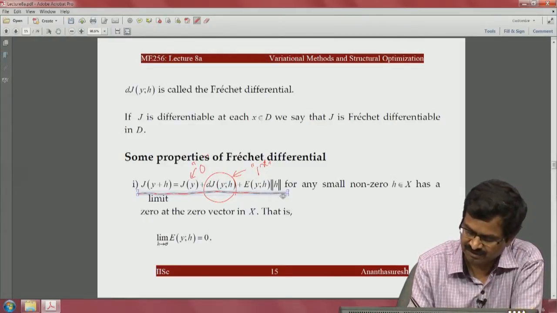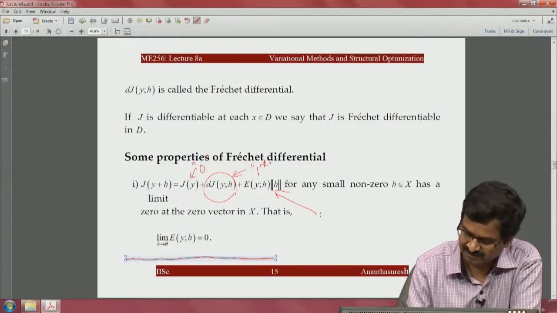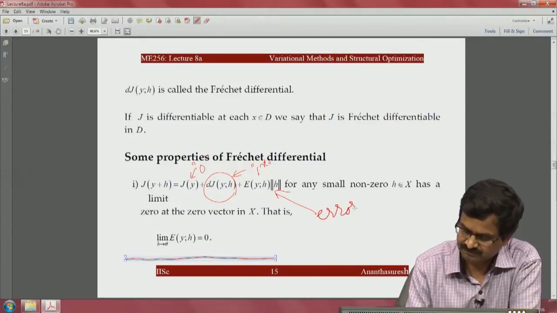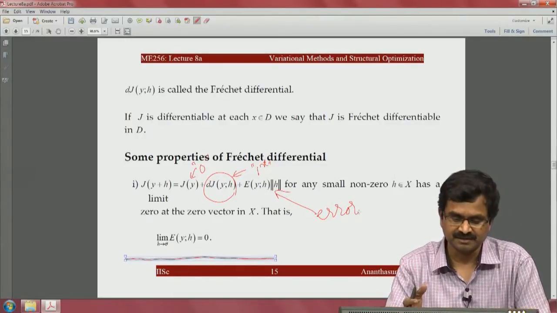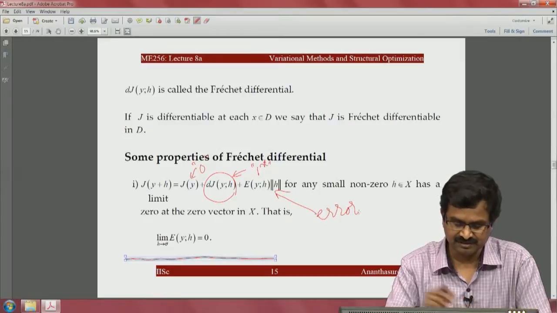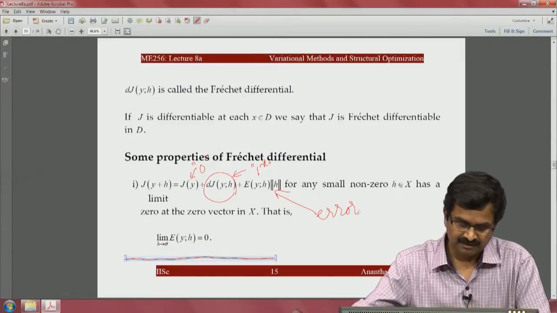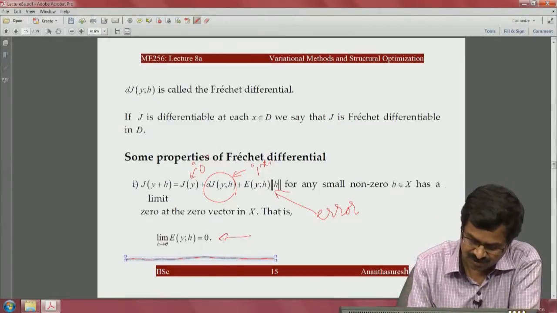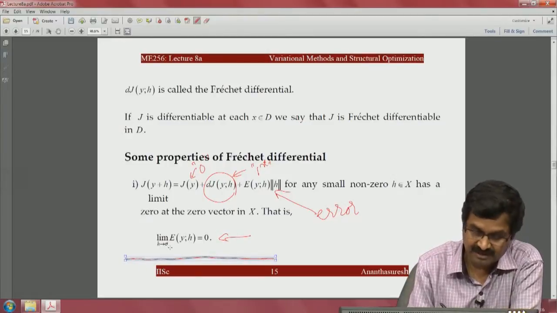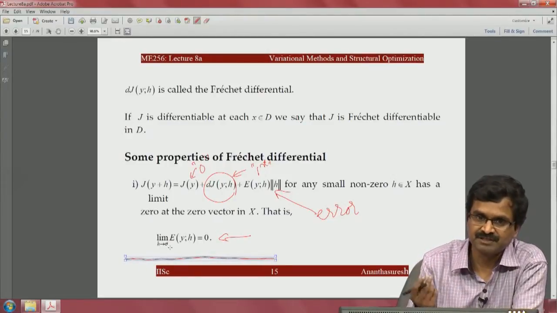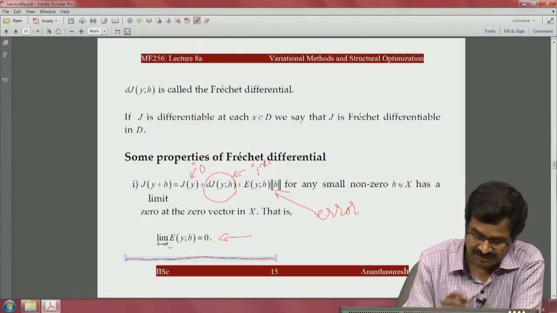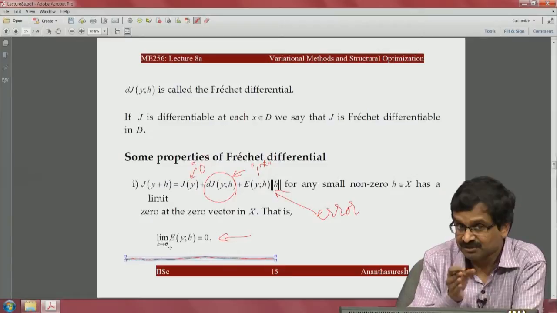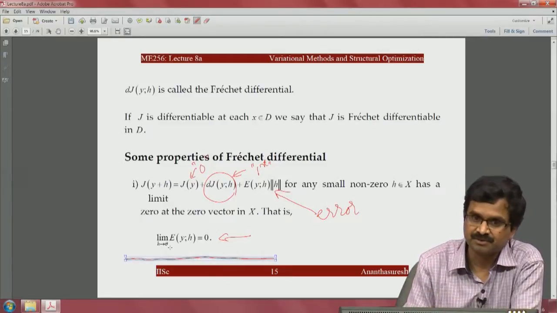The third one is always the error, like a Taylor series expansion equivalent here. That is the Fréchet differential. This error tends to 0 as h tends to theta, where theta is the null function; every function space will have a null function, like a 0 function. When this arbitrary h tends to the null function, this error tends to 0. That is what this says.